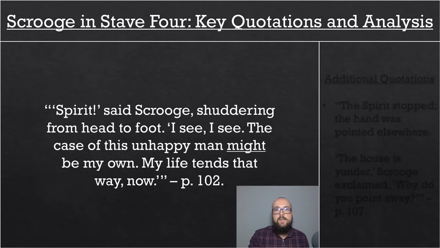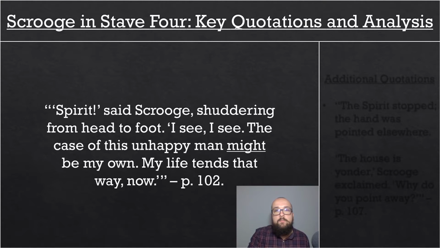In this quotation, might acts more like could be, as Scrooge is saying that the fate of the dead person, disrespected, stolen from, and uncared for, could be his own, as he recognises that his life is currently following that trajectory. Now, on the one hand, this shows that Scrooge is aware that his past actions are likely to have negative consequences if he does not redeem himself. Fair enough.